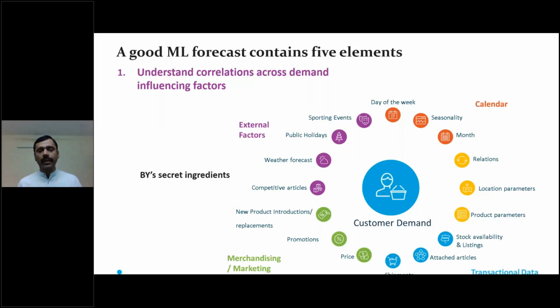Right? For example, if I build a traditional approach, a traditional algorithm, it would look at each of these influencing factors kind of in isolation. That, okay, how does promotion impact my sales, or how does the day of the month or day of a week, or how does the weather forecast or competitor activity, right?